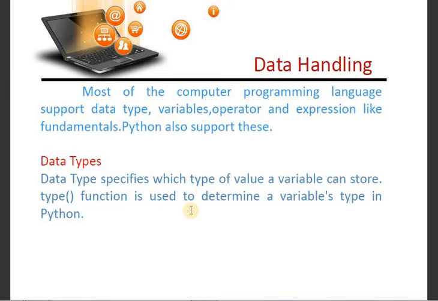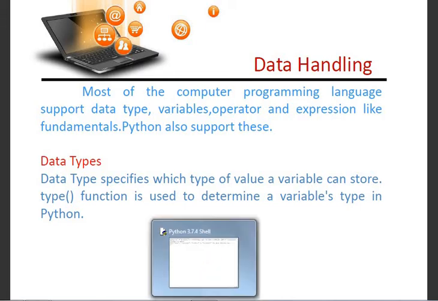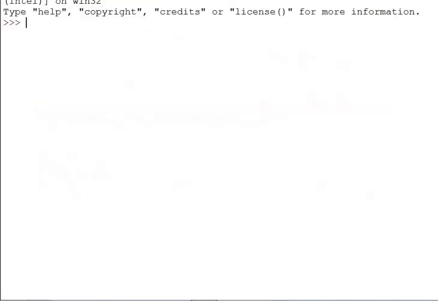Now here you can see this is the type function. So what is the use of the type function? With the help of the type function, we can easily know the type of any variable. I can show you the use of the type function like this.